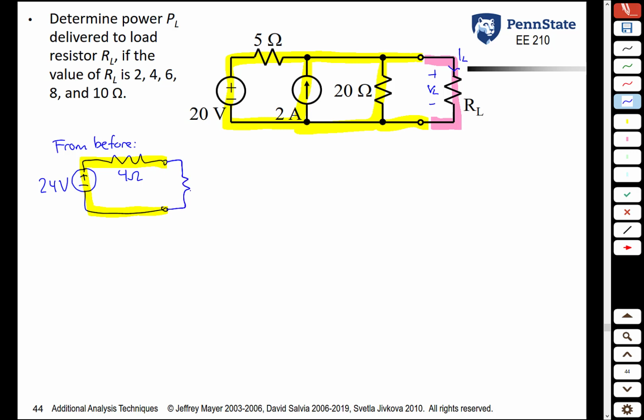So now, when we add our RL, we can calculate its voltage, its current, and its power from 3 simple equations. The voltage across the load from voltage division is RL over RL plus 4 times 24 volts. The current through the load, IL, from Ohm's law, is just 24 volts divided by 4 plus RL.